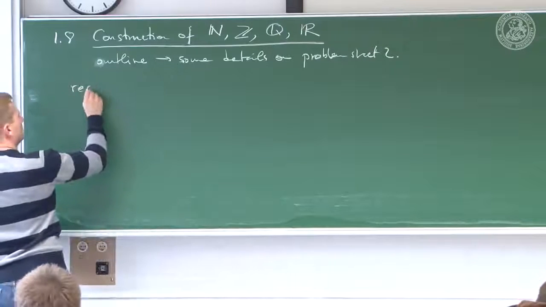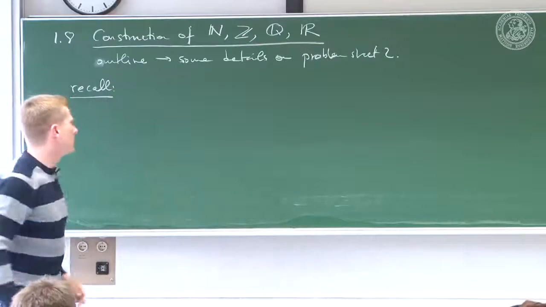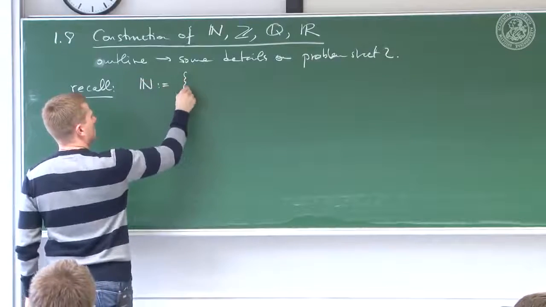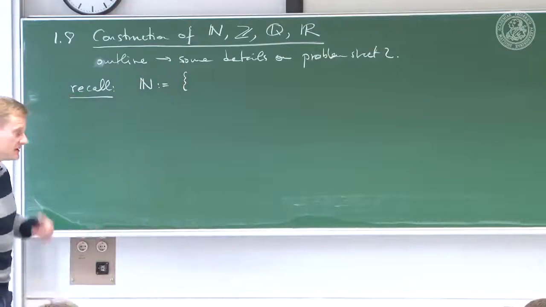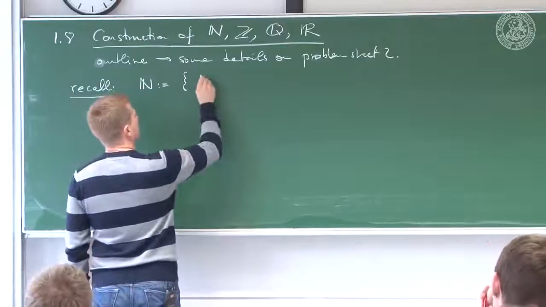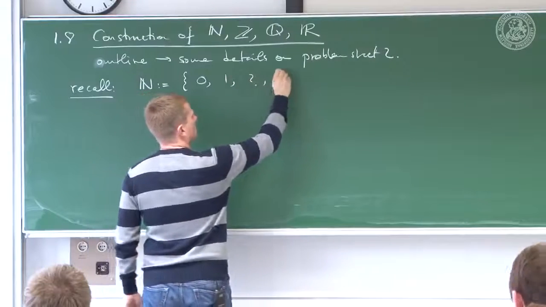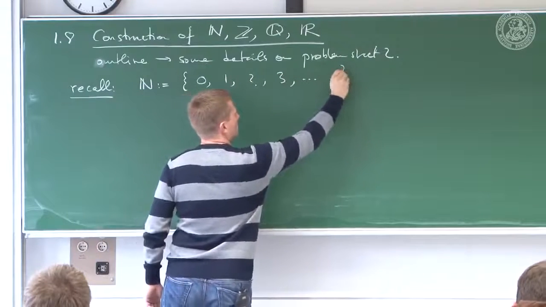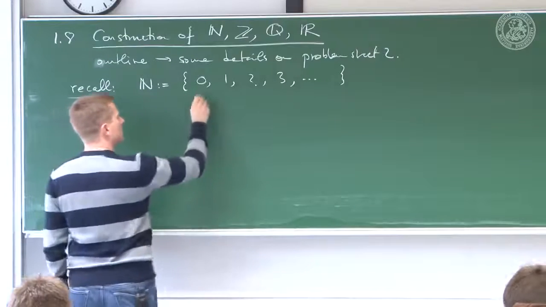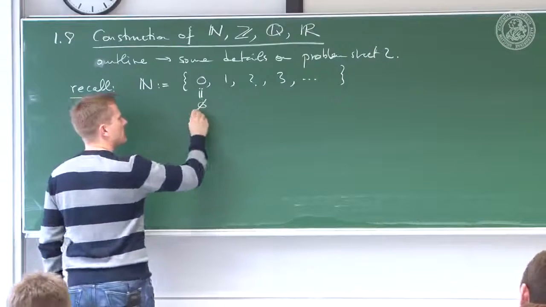So recall that from the axiom of infinity, we got the set N, which was identified as a set that consists of these sets 0, 1, 2, and so on. Yeah, 0, 1, 2, 3, and so on are sets, namely which set? Well, the set with name 0 was the empty set.